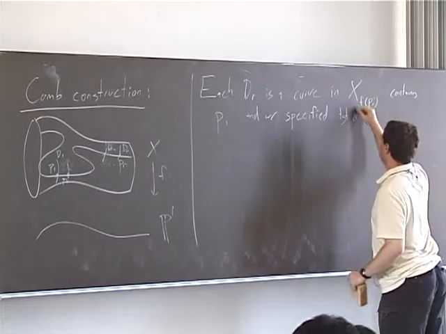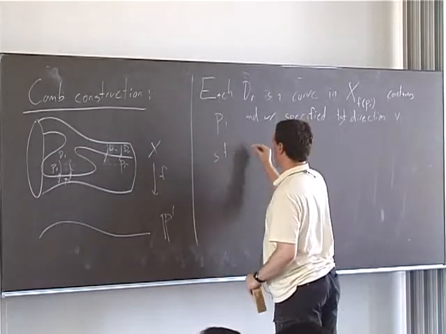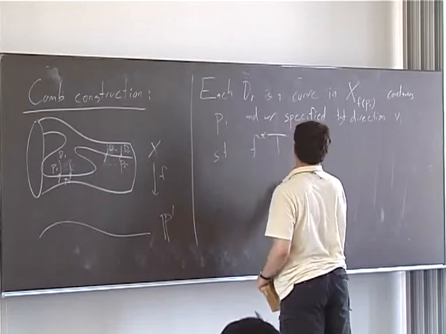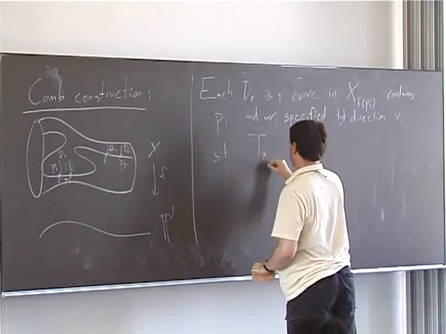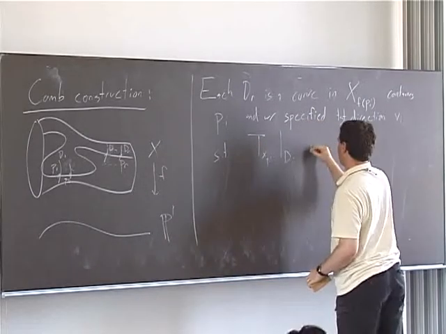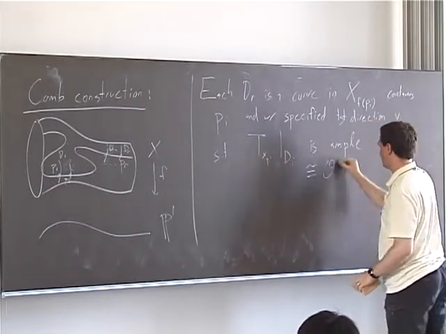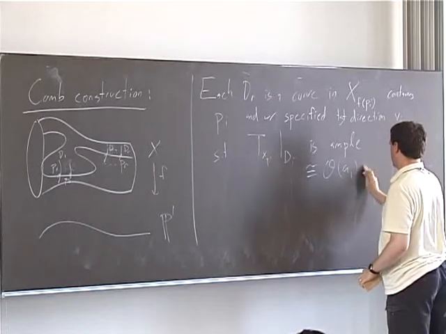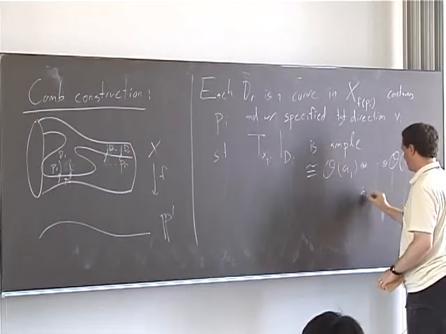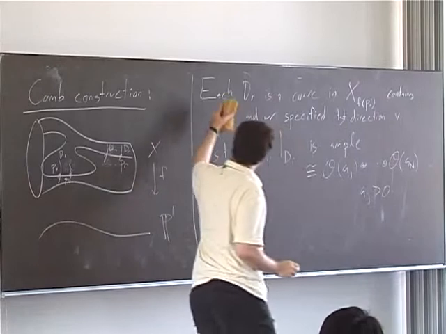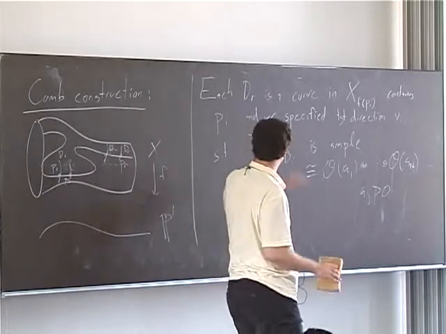With specified tangent direction vi, such that the pullback of the tangent bundle of the fiber restricted to Di is ample. Remember, that means that it's isomorphic to a direct sum of O(a1) up to some large number of these, where all of these aj are positive. So every rationally connected variety has very free curves through any point and with any specified tangent direction. So we can find these Di's.